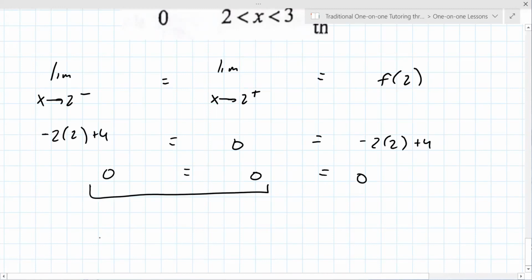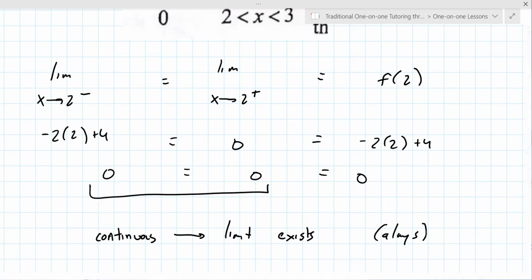So there's this interesting thing. If it's continuous, then the limit exists, always. But if the limit exists, it doesn't have to be continuous. That's right. Okay. All right. So what's the other one?